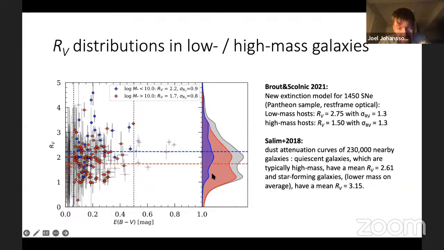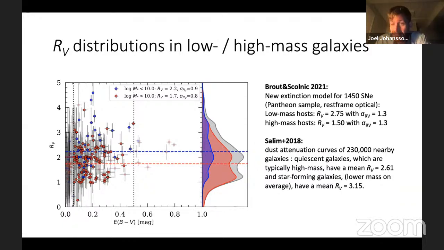There's a large scatter, of course, but in principle, the observations indicate that on average, if you're in a massive galaxy, you tend to have a lower RV, and vice versa for low mass galaxies, you tend to have slightly higher RV values.